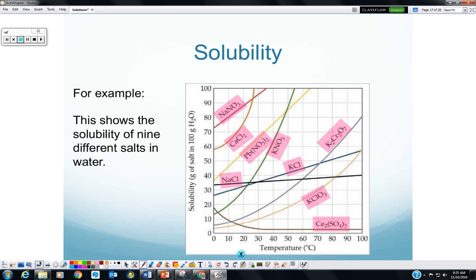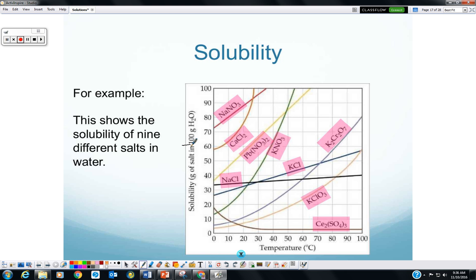One of the things we can notice is that all of these are salts being dissolved in water. Since it is a salt, it's an ionic compound. Ionic compounds are very, very polar, extremely polar. So we see this relationship, all of this, guys.